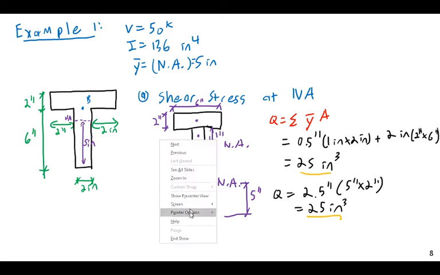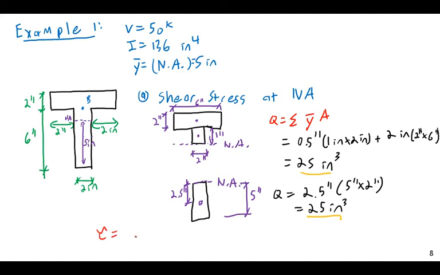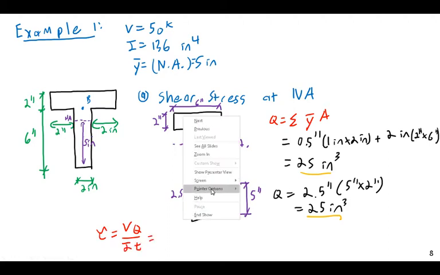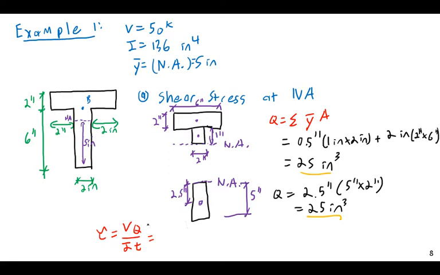So then finally I can very quickly go through the stress calculation, which will be a very quick procedure. Just simply our now hopefully familiar VQ over IT, which is then going to be equal to 50 kips, our shear, times our Q, which we've just found, of 25 inches to the third, all over I, oh, let me put the numbers, 136 inches to the fourth, times a thickness of 2 inches.